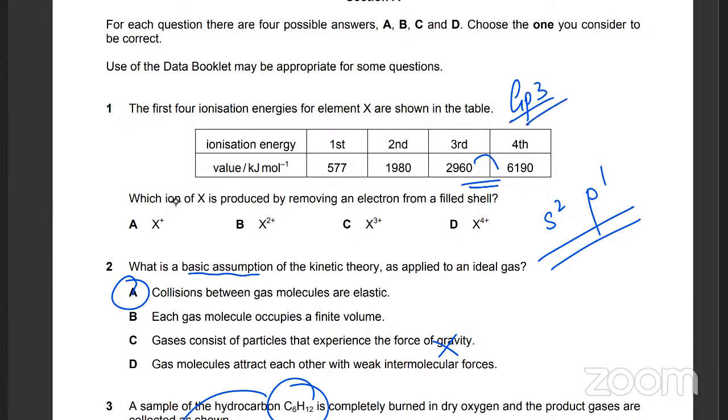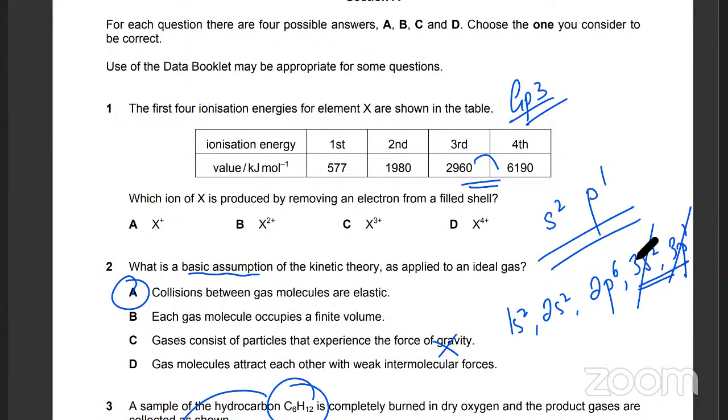Now he's saying, which ion of X is produced by removing an electron from a filled shell? This is an incomplete shell at the moment, and he's talking about the whole shell. Let me take an element like aluminium that's in group 3. It's 1s2, 2s2, then you have 2p6, 3s2, and 3p1. Now this is the outer shell. It's not complete, so the first 3 electrons would be lost, right?